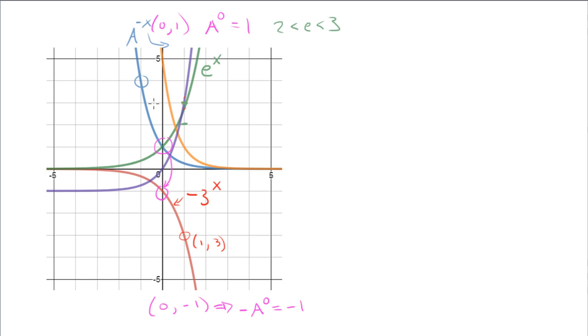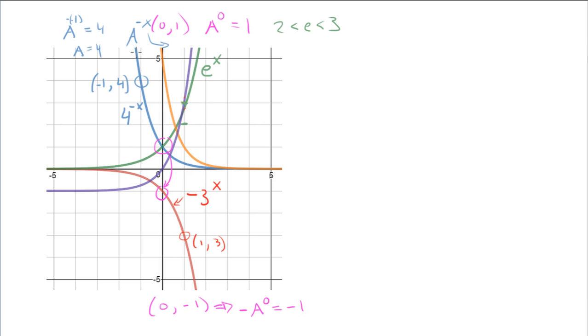Right here, this is 1, 2, 3, 4. So when x is negative 1, it's at a height of 4. So what number to the negative 1 is equal to 4? That's going to be 4. So this blue line right here is 4 to the negative x.